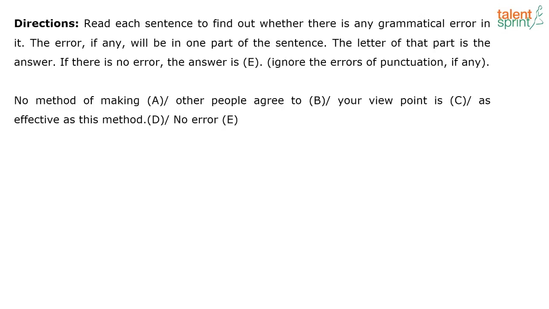How do I know that? Because I have the positive degree of comparison, as effective as this method, which means I need to look for a part which is not adding up to the complete meaning of this context. Which part is that? I need to add something because there's comparison happening.